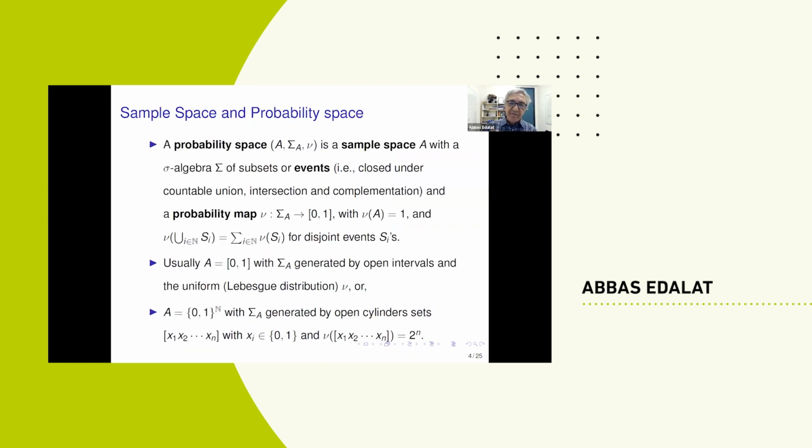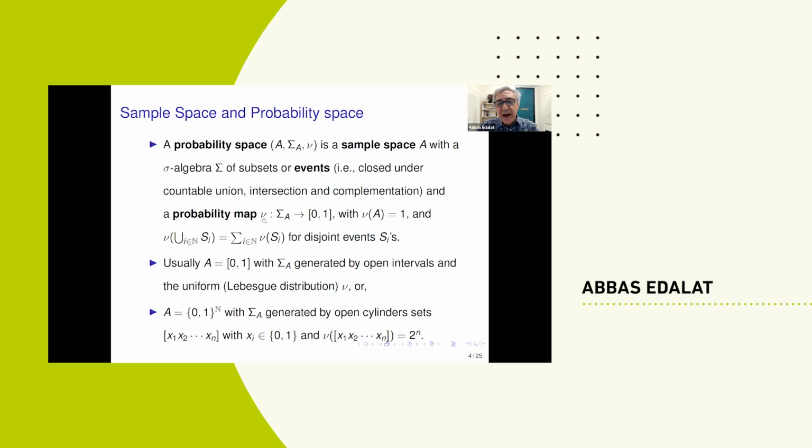So let's just have very, very basic notions of probability theory that we need in this talk. So Kolmogorov introduced the idea of a probability space as a sample space A. So A is just a set together with a collection of distinguished subsets, sigma A, that he called events. So this is a sigma algebra, which means that it's closed under countable union, countable intersection, and complementation.